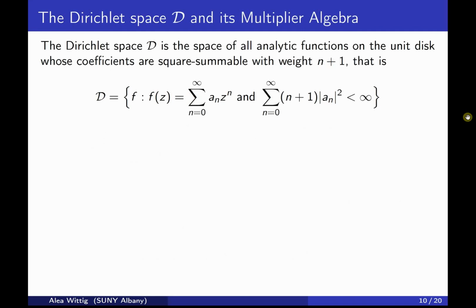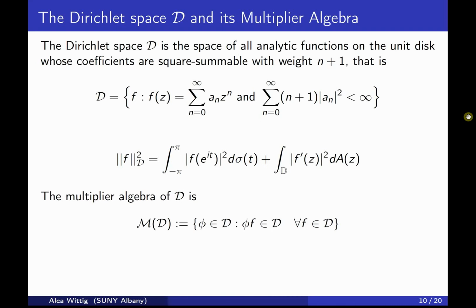The Dirichlet space is the space of all analytic functions on the unit disk whose coefficients are square summable with weight n plus 1. The Dirichlet norm consists of two parts: the squared L2 norm on the boundary of the disk and the squared L2 norm of the derivative on the disk.